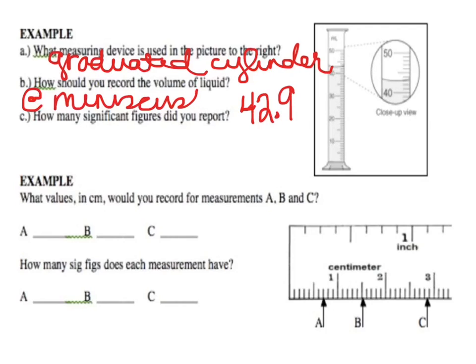So 42 point, and then I'm going to look at it and say 0.9. Michael Ann might look at it and say 42.2. That's where we get that inexactness from. So how many sig figs did we report in this? 3. So we know 2 exactly, and the other one's a guesstimate.